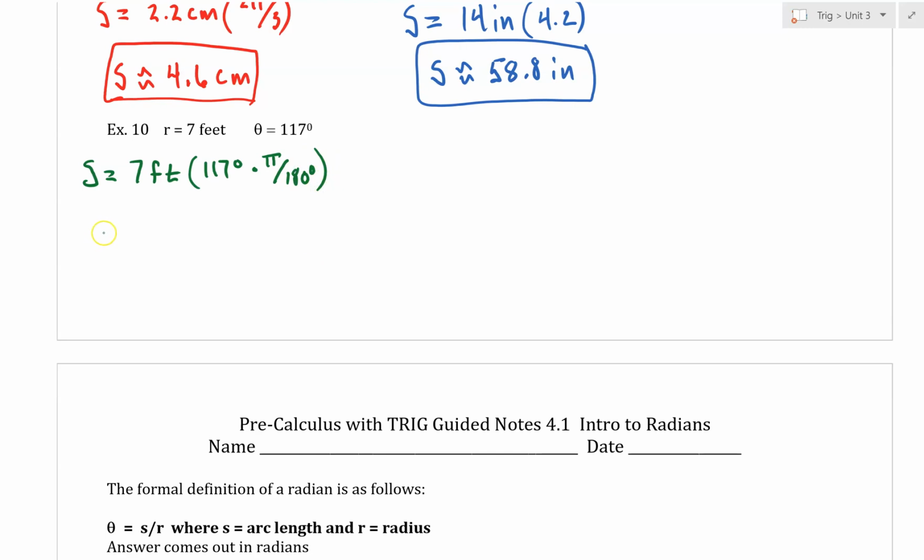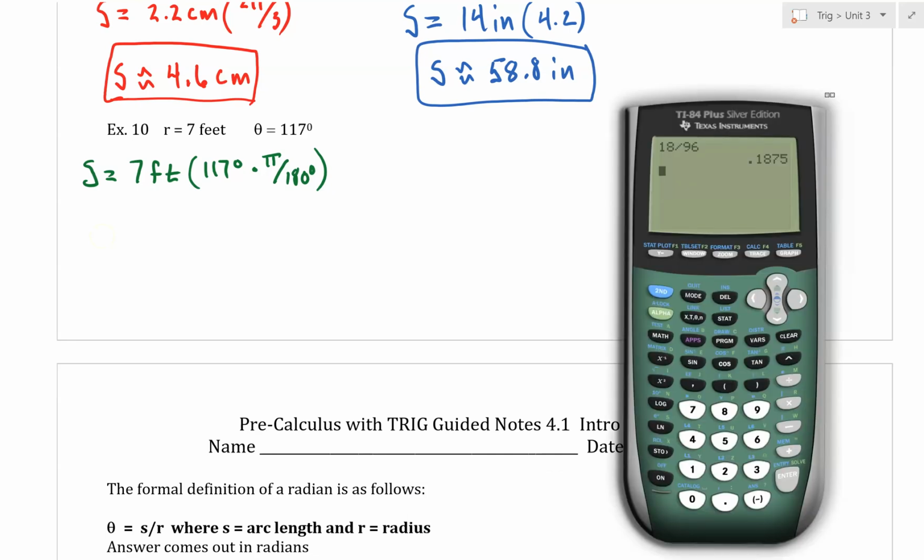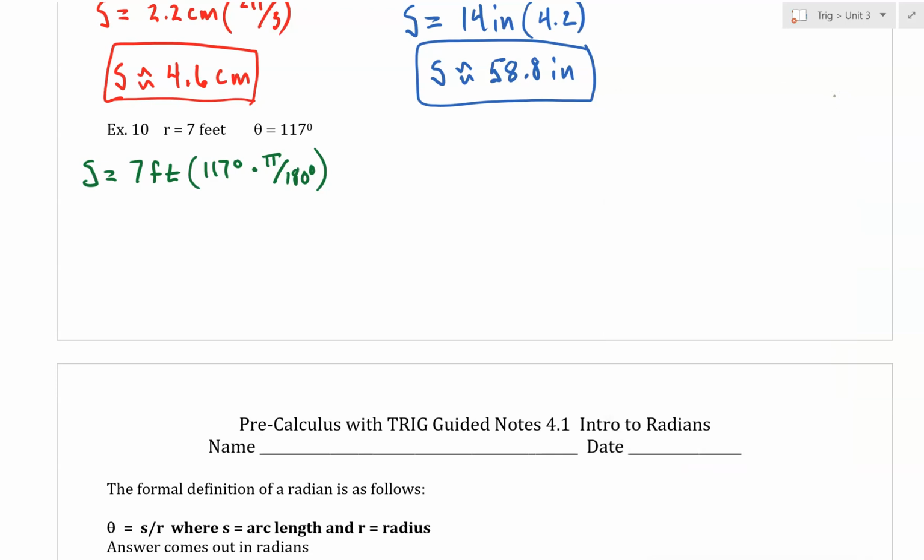If you were to plug this in your calculator, I would say 7 times 117 times pi, and then divide that by 180. We round that off, it's going to be 14.3. So S is approximately 14.3 feet. Hopefully we see how that works. Pretty straightforward.